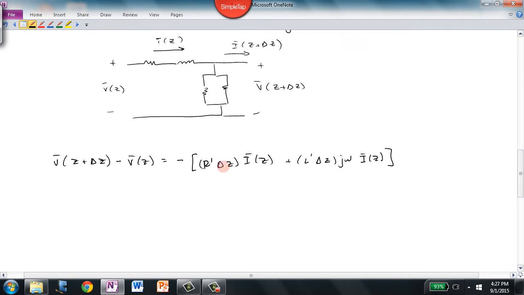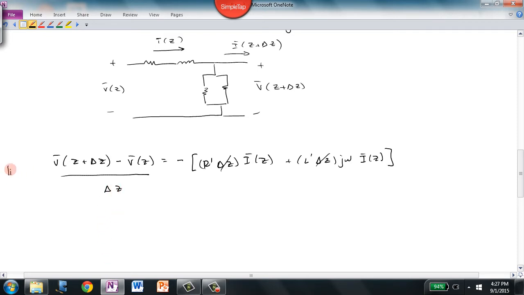I can divide both of these by delta Z. Since the delta Z occurs in both terms, it will cancel out here, and I've got it in the denominator here.